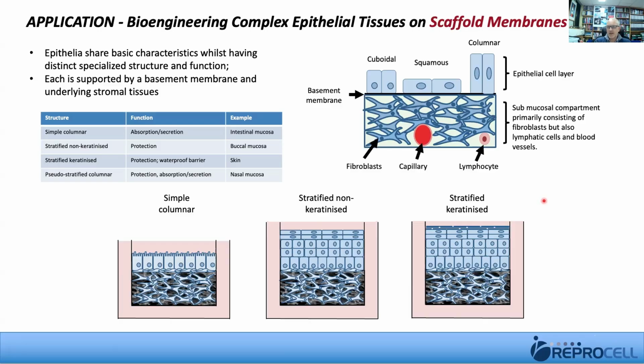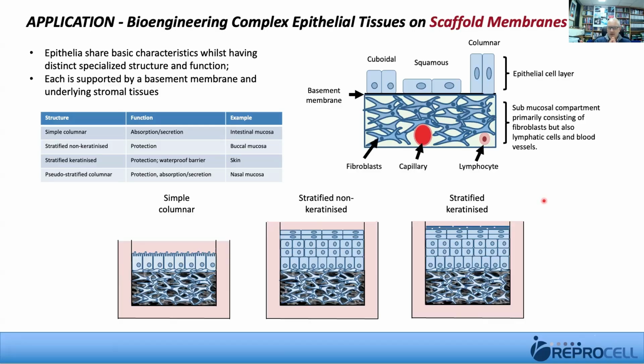An epithelium, by definition, sits on the basement membrane supported by mucosal tissue, primarily fibroblasts producing extracellular matrix, along with other cell types within that submucosal compartment. The structure of epithelia is linked to their function, as I already mentioned.